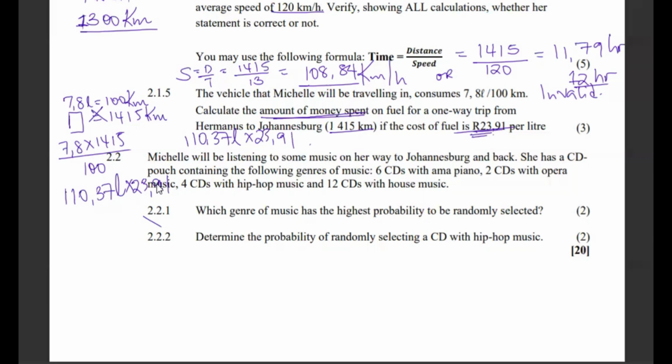So the answer here is 2,638 rands 95 cents. First, we had to look for the number of liters. We got it. And then we had to look for the cost.